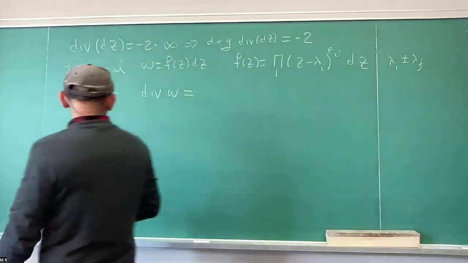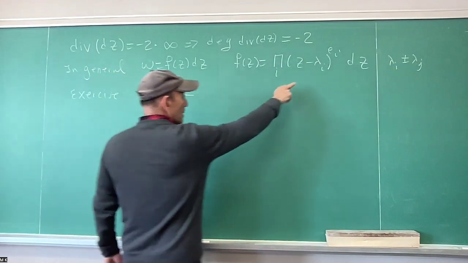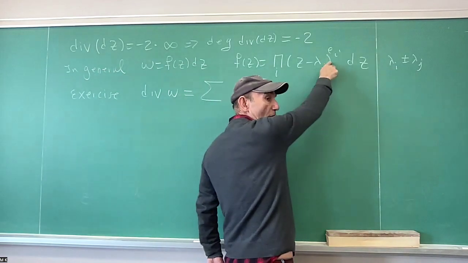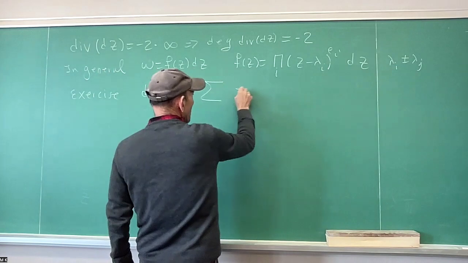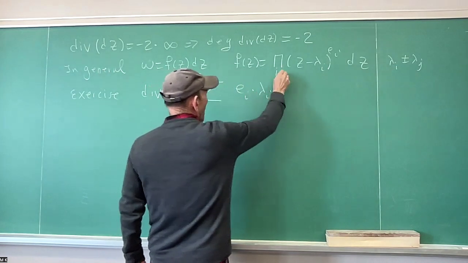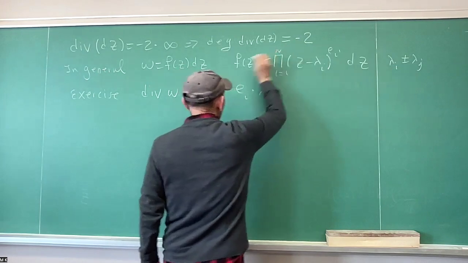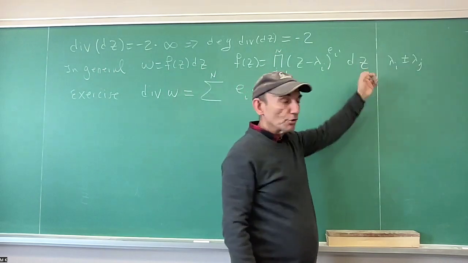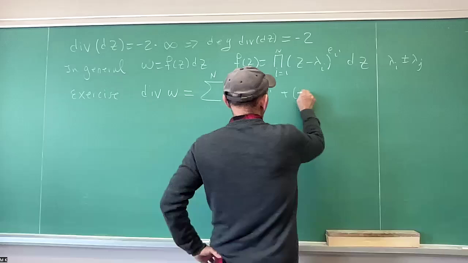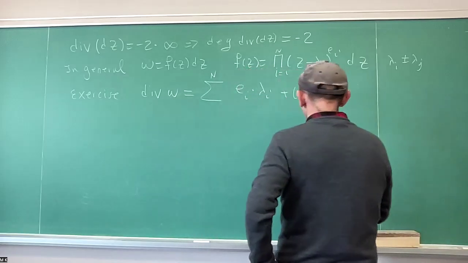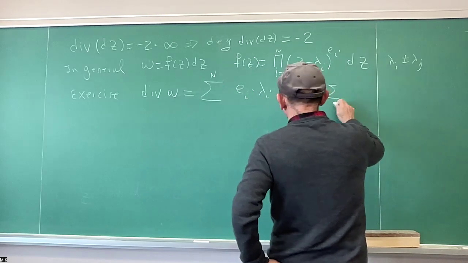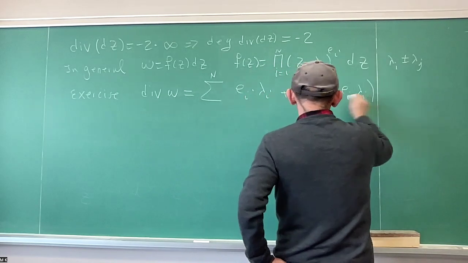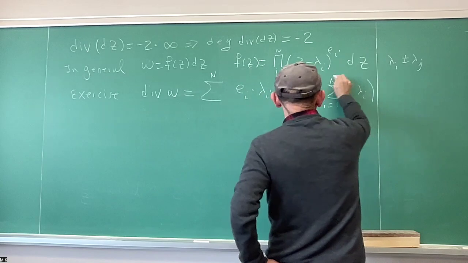If you take the divisor of this, you get zeros here: the sum of e_i times lambda_i, for i from 1 to n. But then you have to worry about the point at infinity, where you get minus 2 minus the sum of e_i, for i from 1 to n.